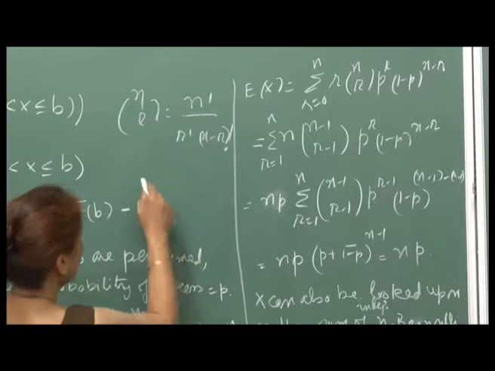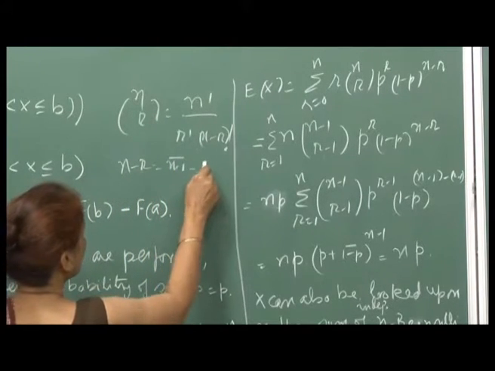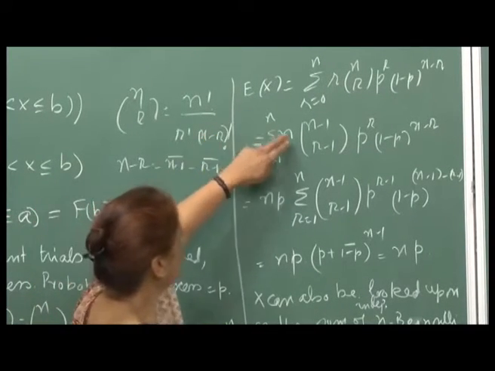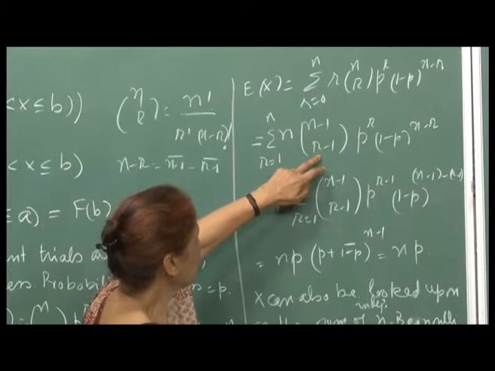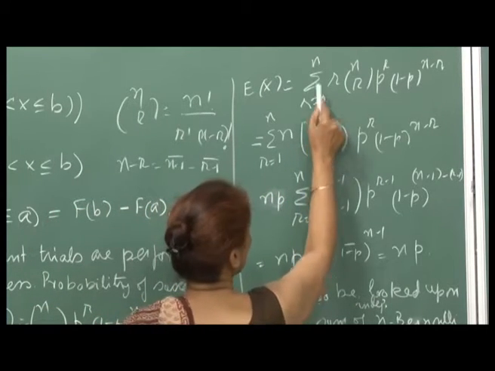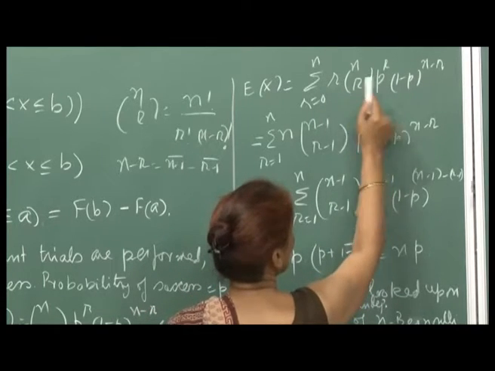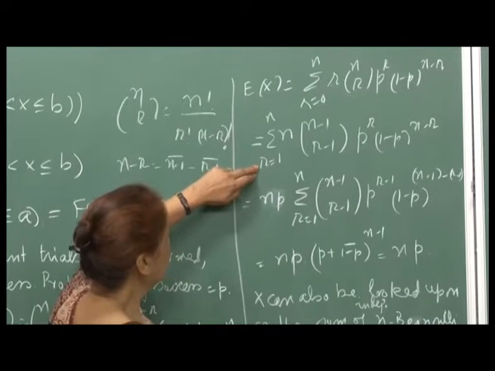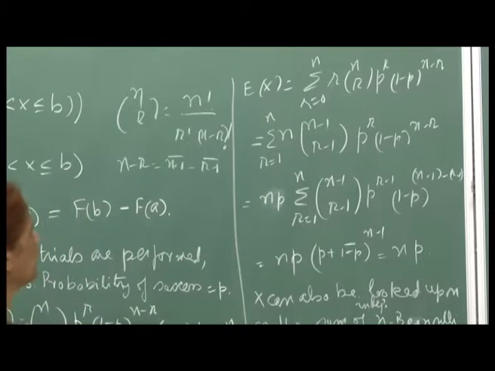And then n minus r you can write as (n minus 1) minus (r minus 1), right. And therefore, by taking out n here and cancelling out the r, I get (n minus 1) choose (r minus 1), and since you see here in the summation r is from 0 to n, and when r is 0, the first term is 0. So, therefore, no contribution. So, this summation can as well be written as r from 1 to n, and this is what you have, right.